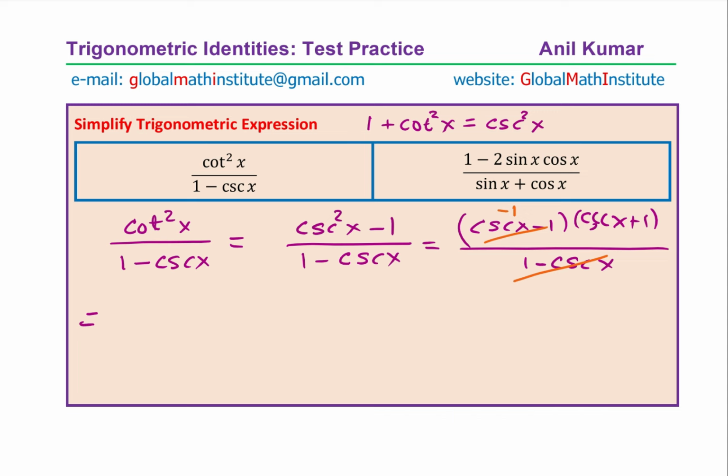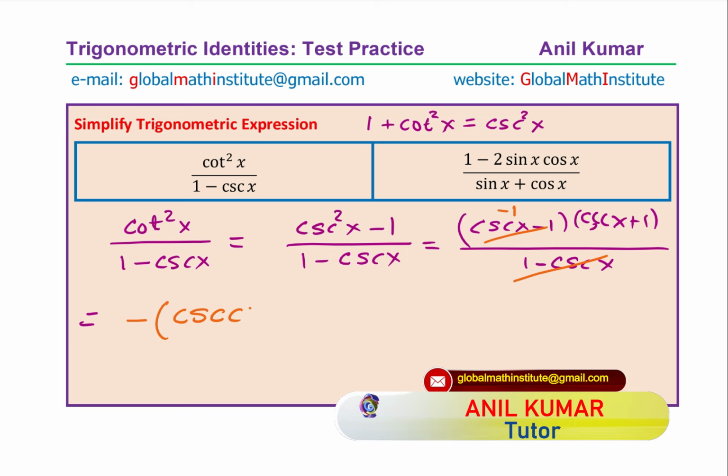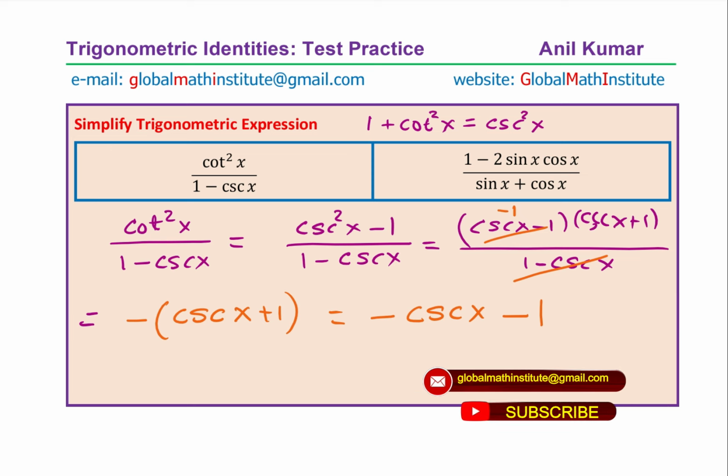And therefore, what we get is minus of cosecant x plus 1, perfect? Which is negative cosecant x minus 1. Makes sense. So here we have used the second strategy. You get the idea. So we could write it as difference of squares, factor, and then get the result. So that is another way of simplification. Perfect.